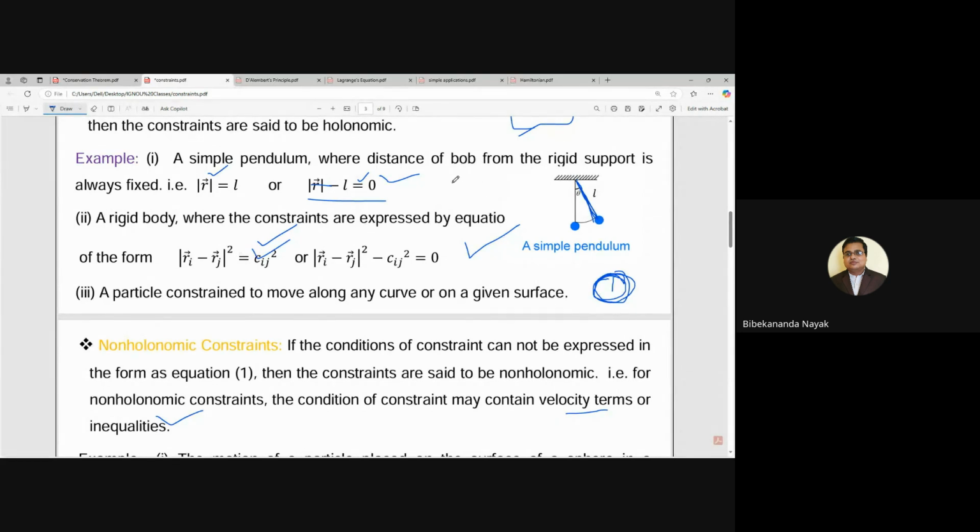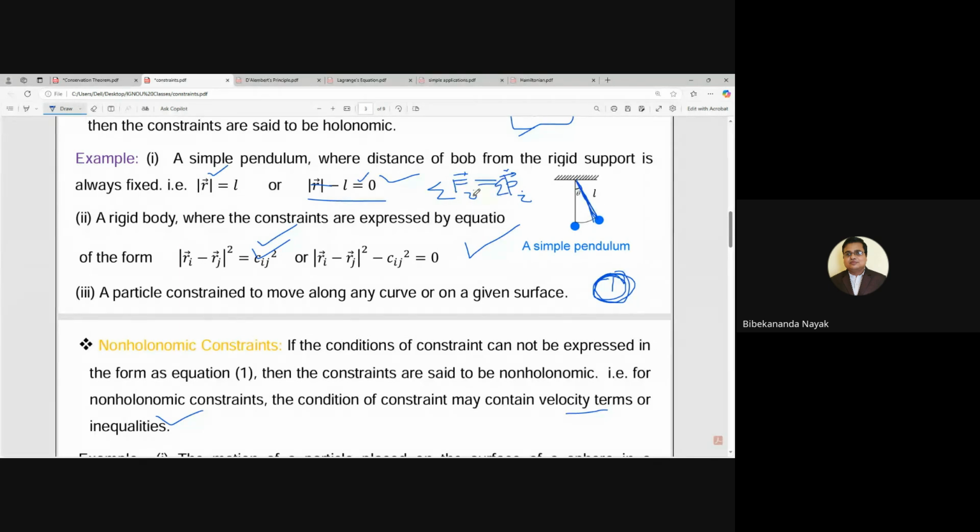By independent, I mean suppose I have the equation: total force F equals summed over Pi dot, where Pi is mi d square r by dt square. If all coordinates are independent, then this is true for all i: true for 1, true for 2, true for 3.